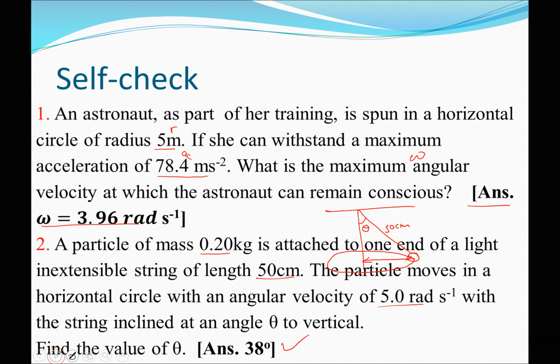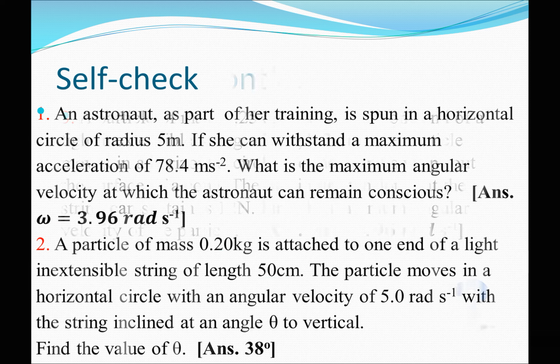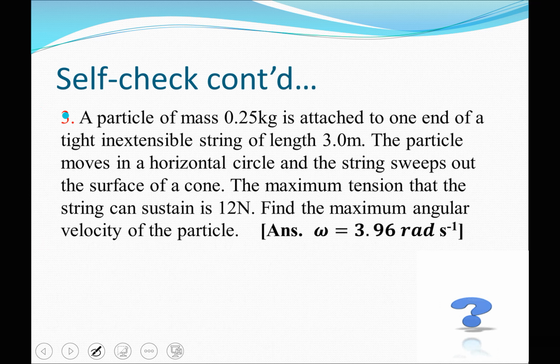Then self-check question number 3. A particle of mass 0.25 kilograms is attached to one end of a taut, inextensible string of length 3 meters. The particle moves in a horizontal circle. The string sweeps out the surface of a cone.